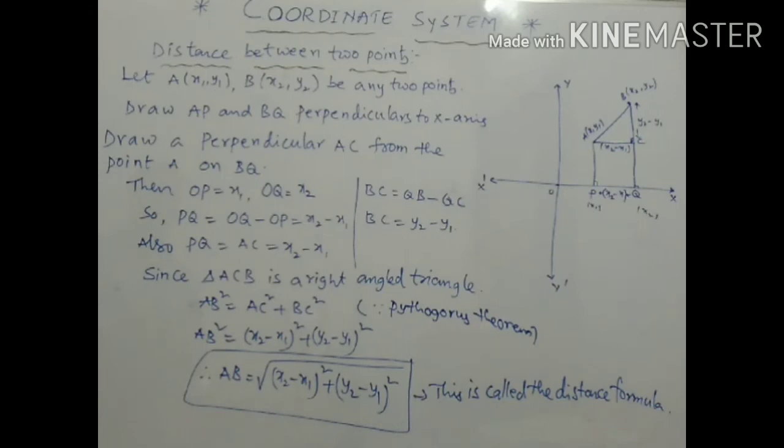So now let us find the distance between some points using this formula. Please remember the formula, everybody. That is AB is equal to the square root of (x2 minus x1) whole square plus (y2 minus y1) whole square, which is the sum of the squares of the differences of the x coordinates and of the y coordinates.